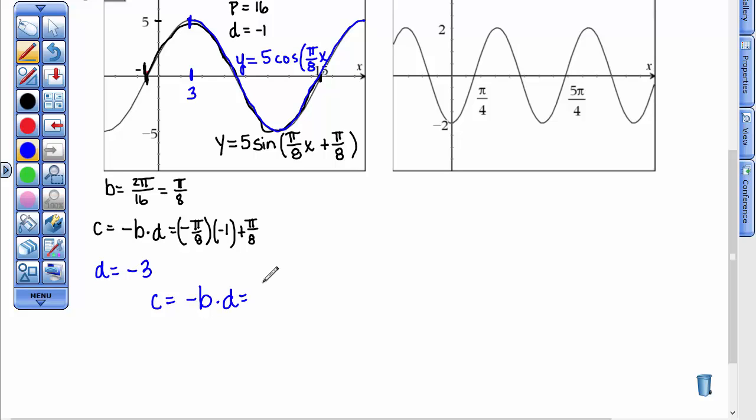My b value was pi over 8, so I want the opposite of pi over 8 times my d value, which is -3. And a negative times a negative is a positive. So positive 3 pi over 8 is the value that I'm going to put in for the c value for this curve. If you would now pause and take a moment to type this equation.